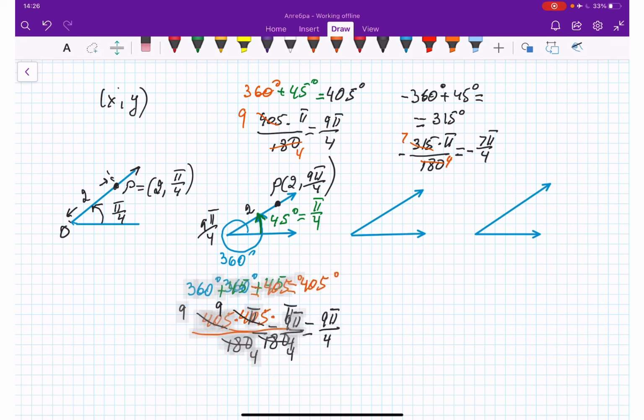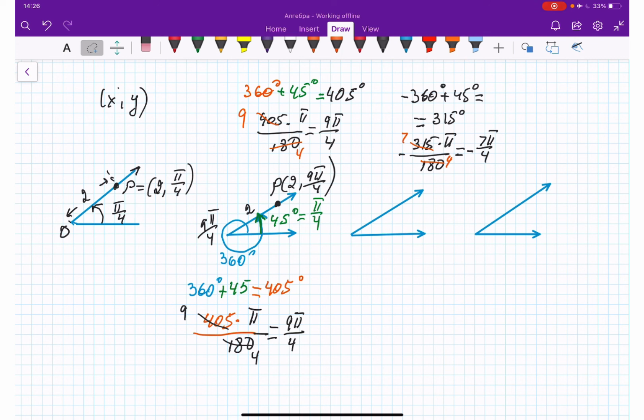Next, let's see what other angles can generate the same side. If I take from here and go clockwise, that generates a negative angle, correct? We know this is our 45 degrees, pi over 4. If I continue by dashes all the way to 0, I will generate 360. The point P is at distance 2.